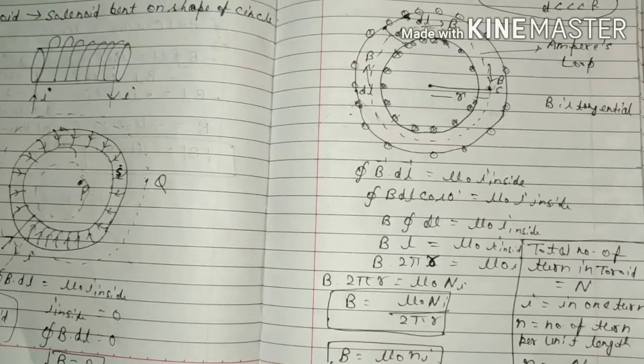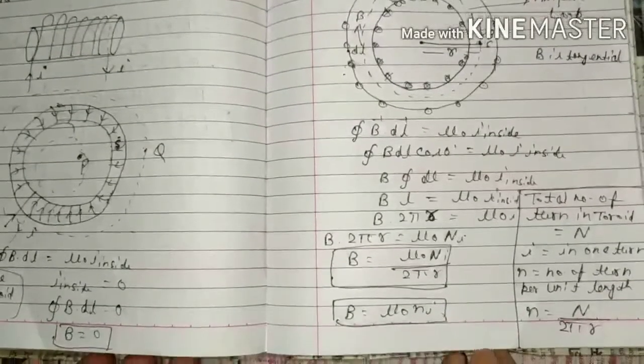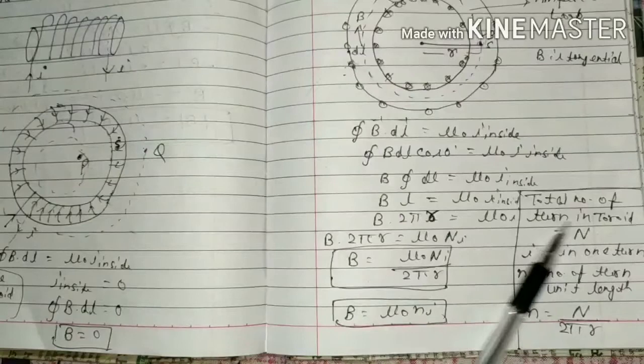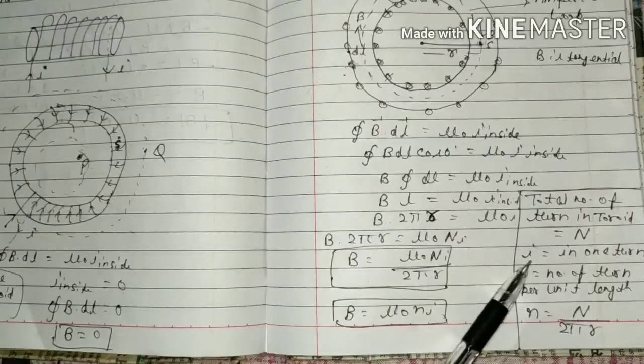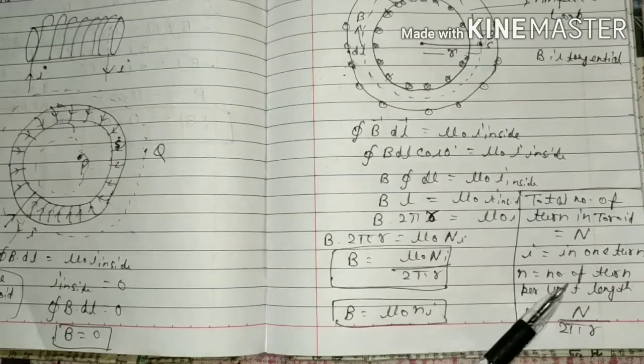The total length is the circumference of this circle, 2 pi r.